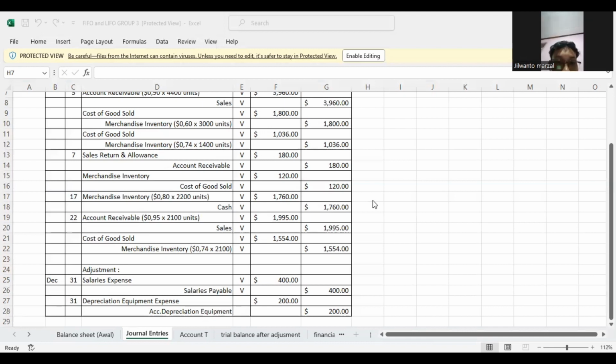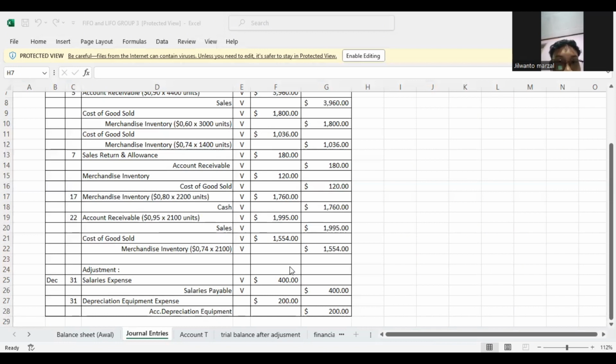Okay, next transaction, date of 17. Purchase 2,200 units of inventory for cash at $0.80 each. So in this case, we purchase the inventory in cash.